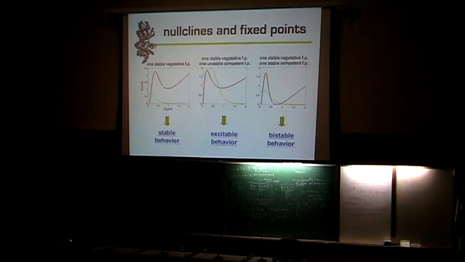Okay, so now we got those equations and plot these nullclines, right? The nullclines are the curves. You get the deterministic equations and you set the derivatives to 0, and you get these curves. So the red curve is the curve where dK/dt is 0.